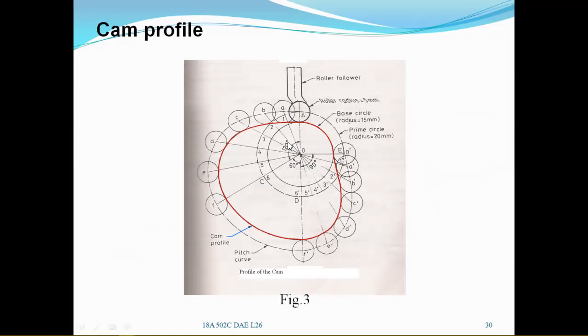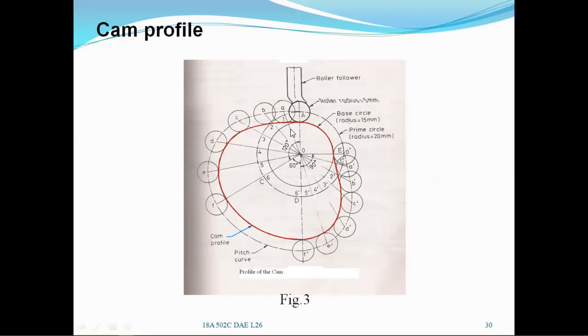Then divide the outstroke and return stroke into the same number of parts as done in the displacement diagram. From each point draw the projector, producing the lines beyond point 1, point 2, point 3, etc. Take the distances 1A, 2B, 3C, 4D, 5E, etc. and mark all the points.